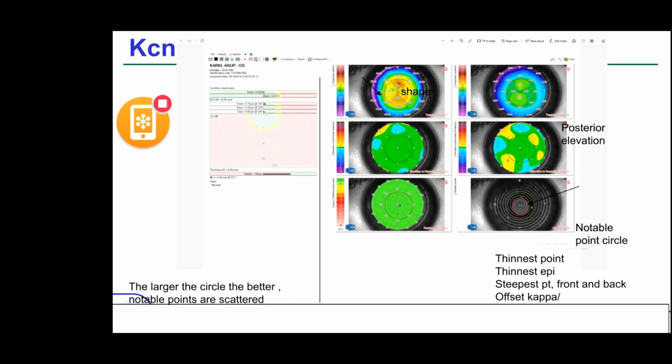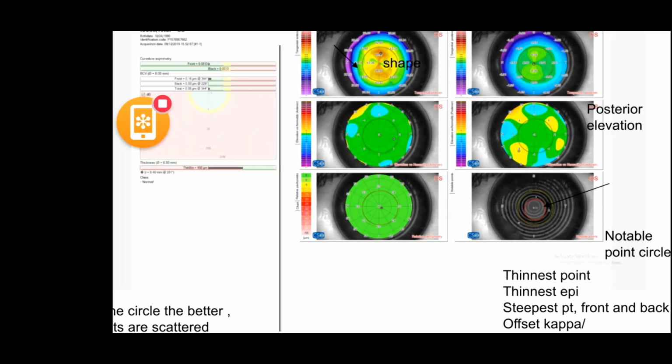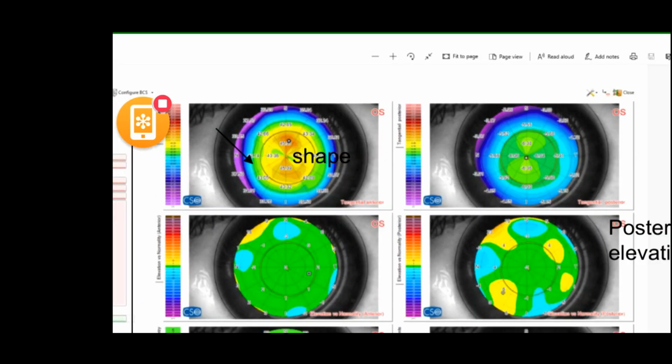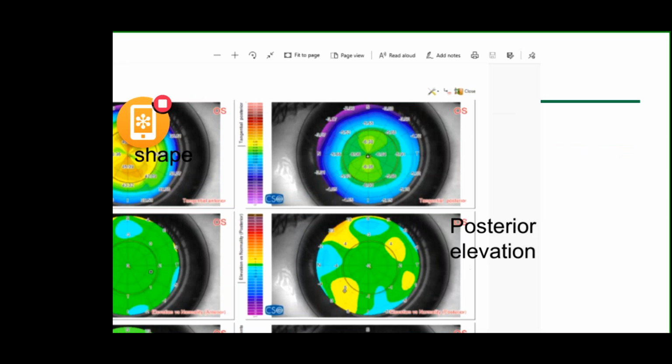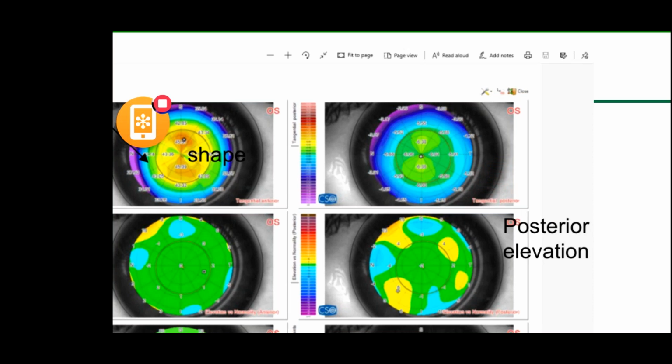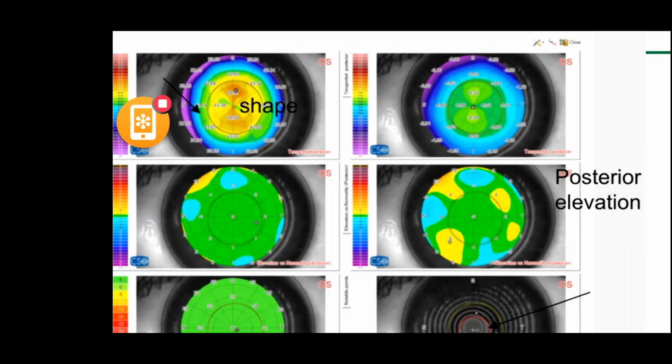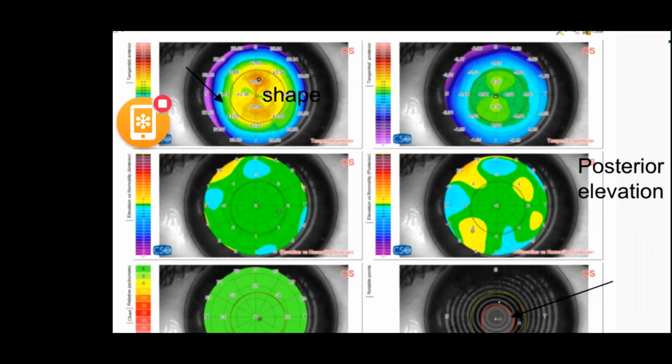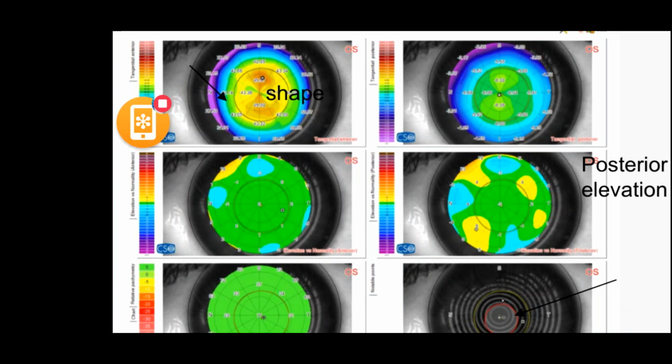So what he's trying to tell you now, let's go through it once again. What I'm trying to see over here is the first scan, this is a posterior elevation. This is a posterior elevation with a normal value.